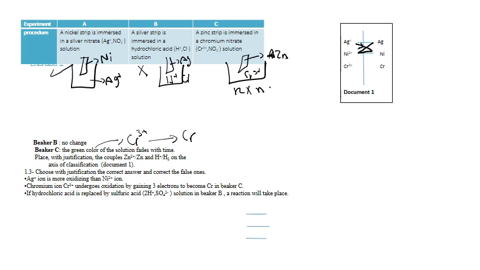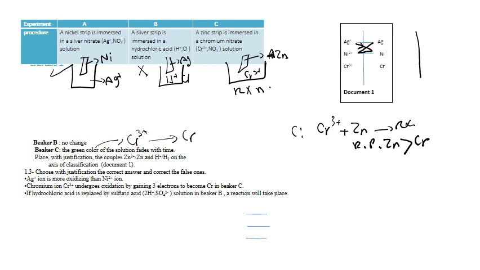To place the couples Zn2+/Zn and H+/H2 on an axis of electrochemical classification, let's start with beaker C. In beaker C, a reaction is taking place between Cr3+ and Zn. So the reducing power of zinc is greater than that of Cr.